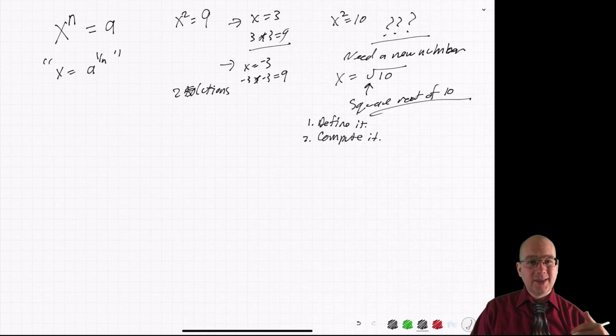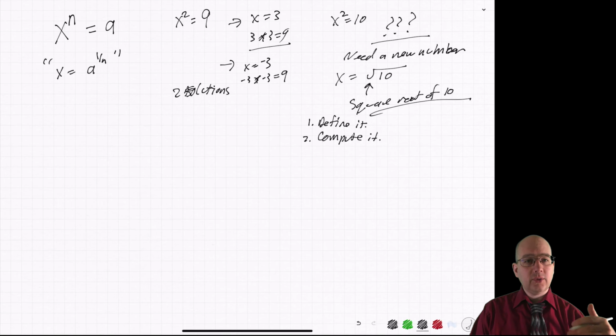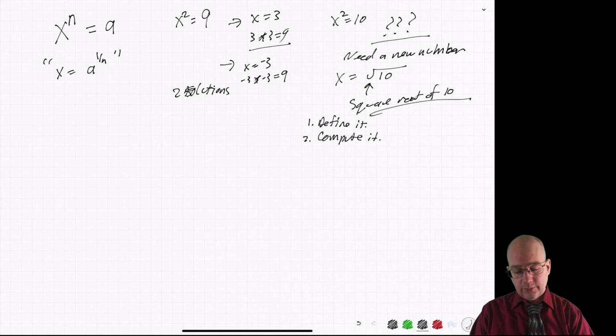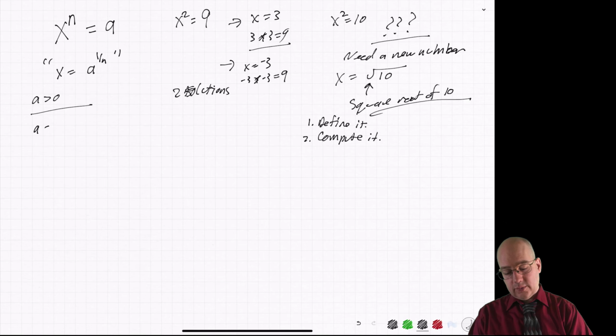So that's what we're introducing, this 1 over n power. Need to say what that is, how to compute it, etc. All right. So that was a positive a. Now what if, well, if a equals 0, then x equals 0.